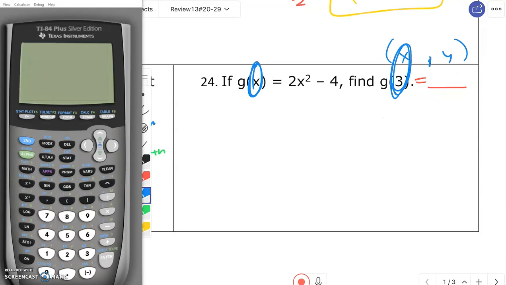If you think about that comma and the equal sign being about the same, we're looking for a y value to find. So if you use the equation that they gave you, throw that in y equals.